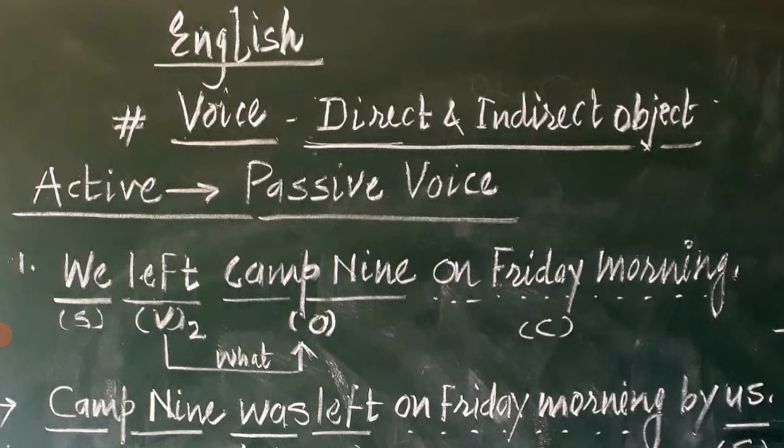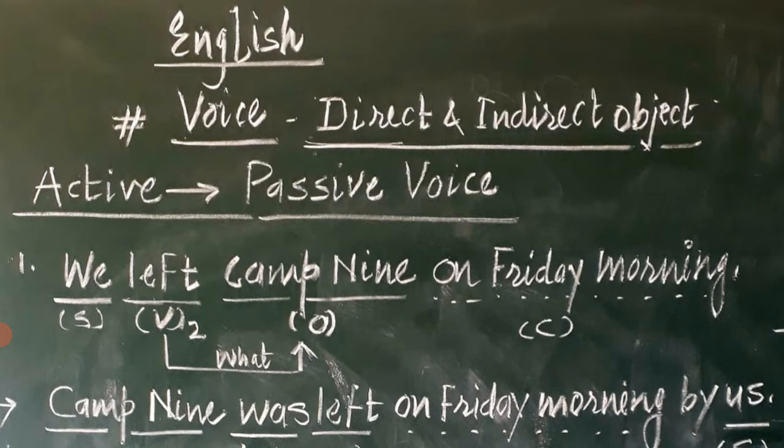We left camp 9 on Friday morning. As I have already labeled each and every word, we stands as the subject. Left is the second form of an action verb. The original form is leave, so leave, left.